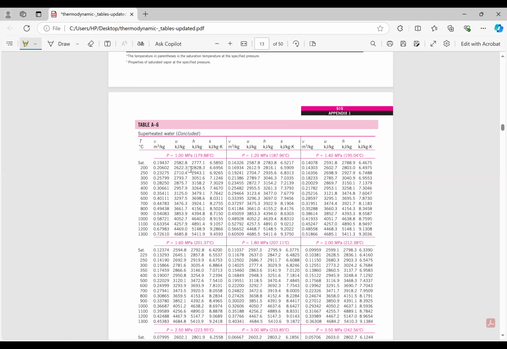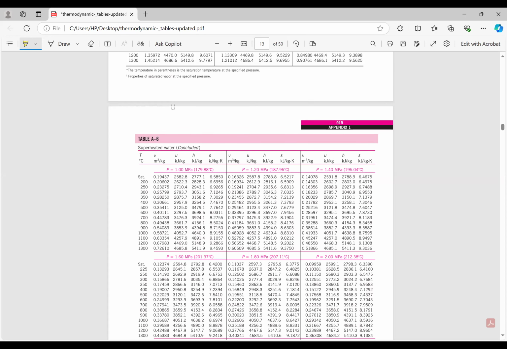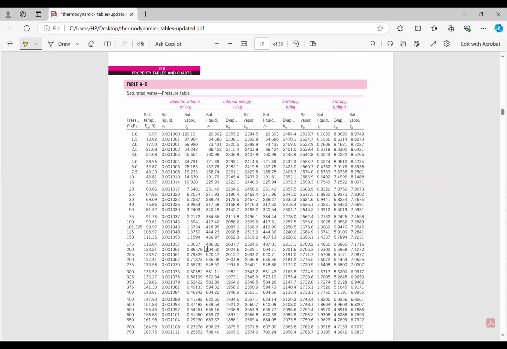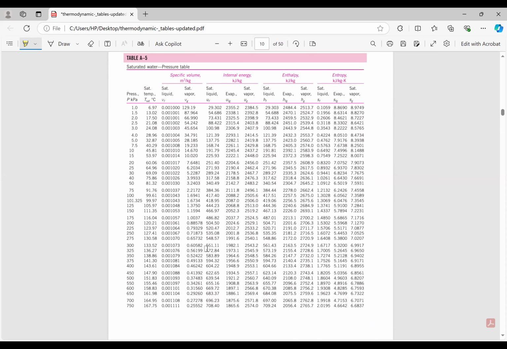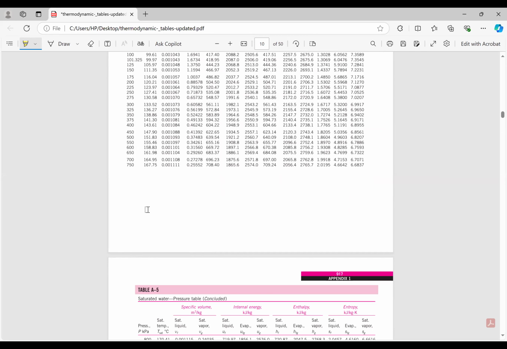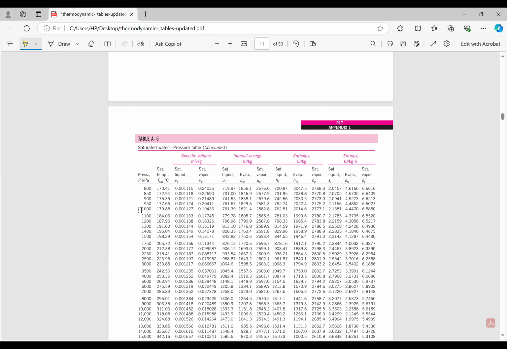So now the thing is that whenever you are given a pressure, right, and as we said, the temperature is higher than the saturation temperature, then you work with the superheated properties. So let's say we had started out at the saturated conditions. That would have been 1000 kPa, right?